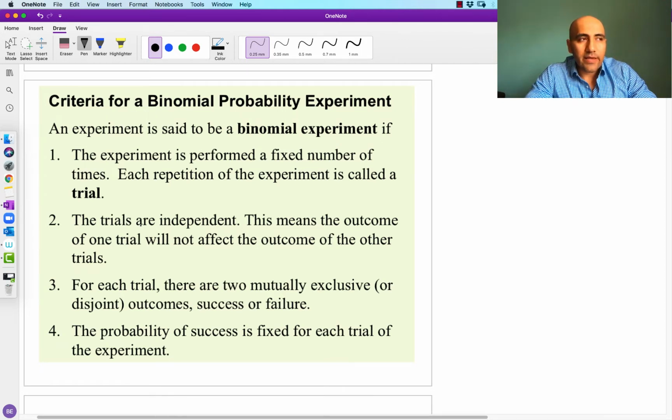What could fail that? For example, typically we have a 2-party system in this country, right? So we have Democrats and Republicans. If you stop people in the street and you randomly survey and you ask them, are you a Republican or are you a Democrat? The way you phrase it might qualify under this condition, or it might fail. So, for example, if I simply ask a yes or no question, such as, are you a registered Republican? Yes or no. Okay, that's mutually exclusive. Everyone will answer yes, I am, or no, I'm not.